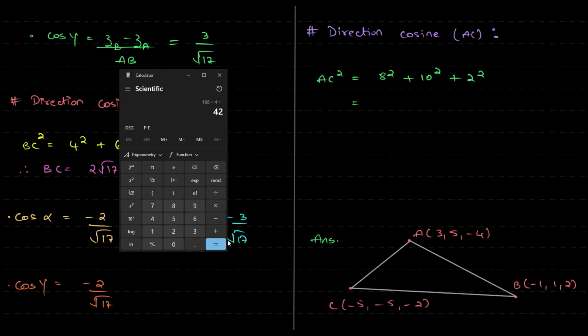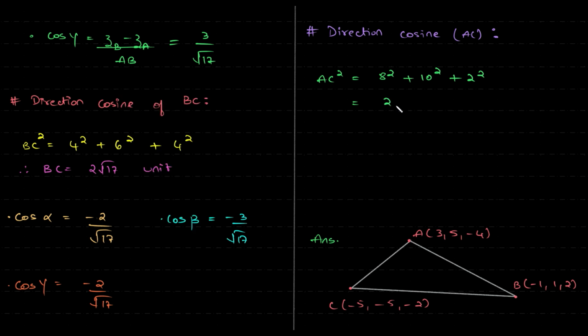Of course it is divisible by 4, giving 42, and there's nothing more we can divide with. 21, 7, 3, no. So AC is 2 root of 42.